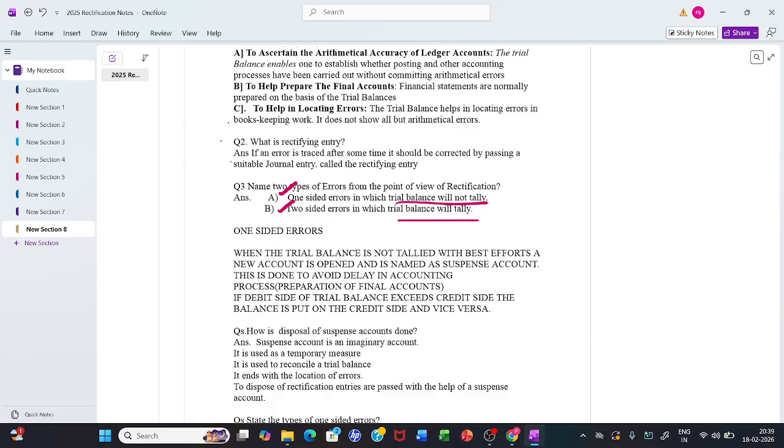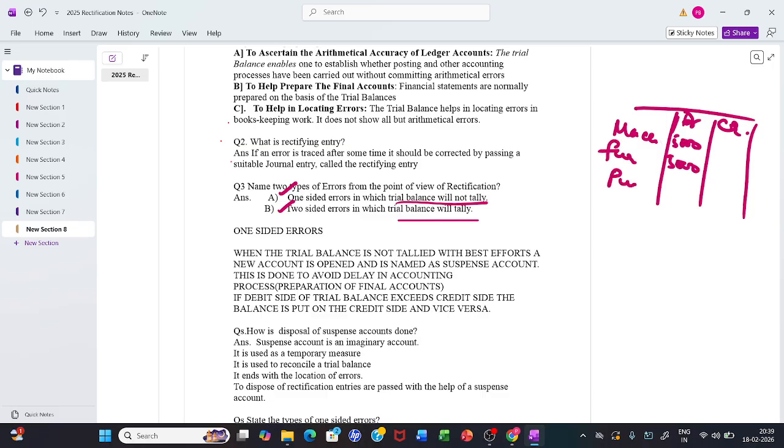Now, let's move on to one-sided errors. In a one-sided error, you are preparing a trial balance. You have debit balances, you have credit balances, you have it for machine, furniture, purchase, sales, and you now see that this side total is 15, this side is 10.